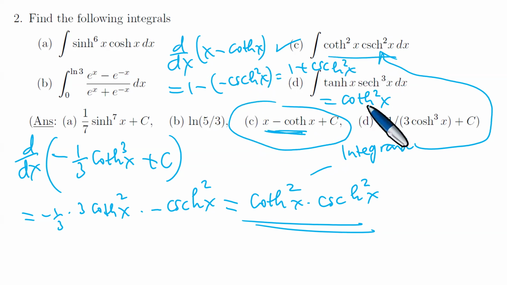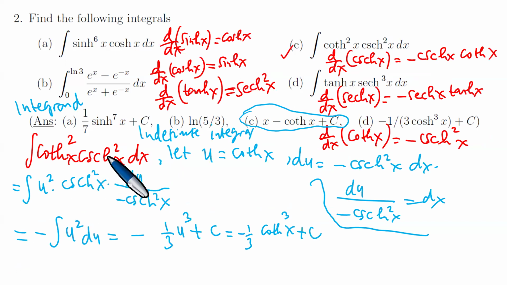But if you differentiate that answer, the most you can get is coth squared, and the answer should be cosh squared, cosecant squared. But our answer to part C is minus 1/3 cosh cubed of x plus c. And that is the answer. We move forward.